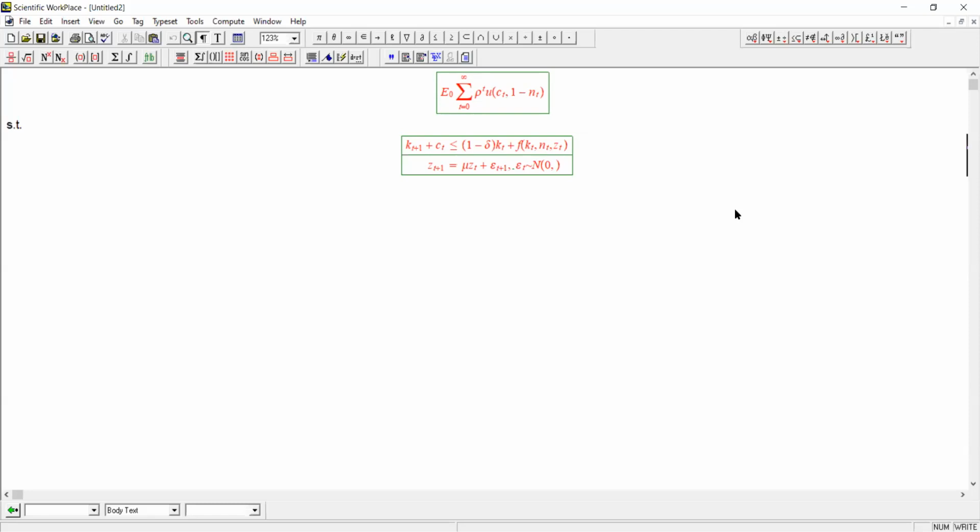Typically, it's going to be drawn from a normal distribution with mean 0 and variance sigma squared. Another constraint is that, as usual, the initial capital is given. To go further, we're going to want specific functional forms for this utility function and this production function.